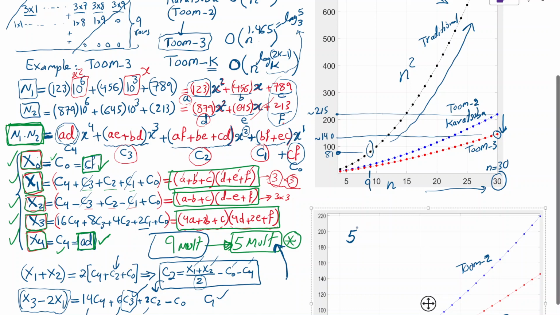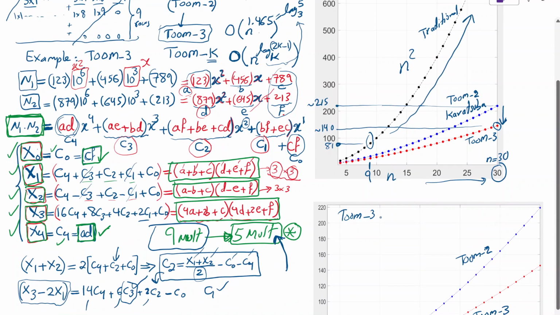Therefore, the total number of multiplications needed in Toom3, in the sense of total multiplications of 1 digit by 1 digit, is 5 to the power of log n base 3, because every time we divide n into 3 parts.